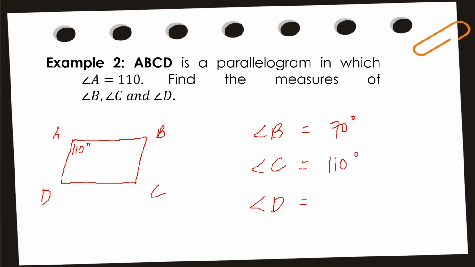How about for angle D? Angle D measures 70 degrees. Since angle D and angle B are also opposite angles, which means that they are congruent. So these now are the measures of the missing angles.